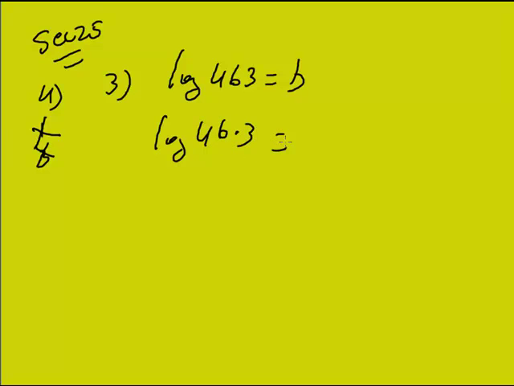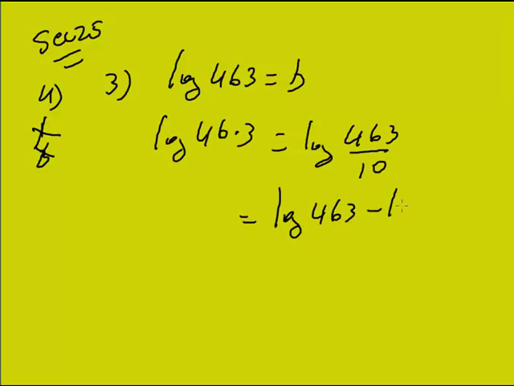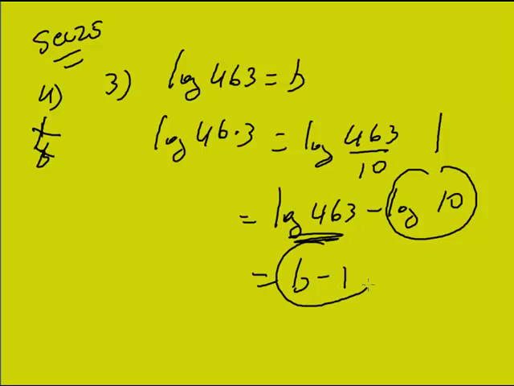Well, we all know we can write this as log of 463 divided by 10. That's the same thing. Using logarithm rules, this is the same thing as log of 463 minus log of 10. But we should know by now the log of 10, since the base is 10, turns into 1. And this is B, so it'll be B minus 1.